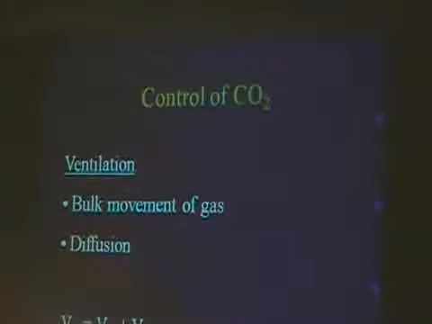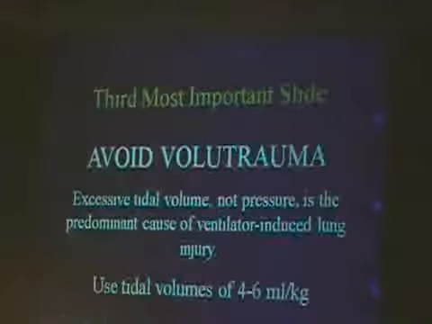Now this changes during high frequency. We're going to talk about other ways that ventilation occurs. But this is predominantly what happens during conventional ventilation. And we all know that tidal volume is equal to the dead space ventilation plus the alveolar ventilation during conventional ventilation. Again, this is going to change a little bit during high frequency.